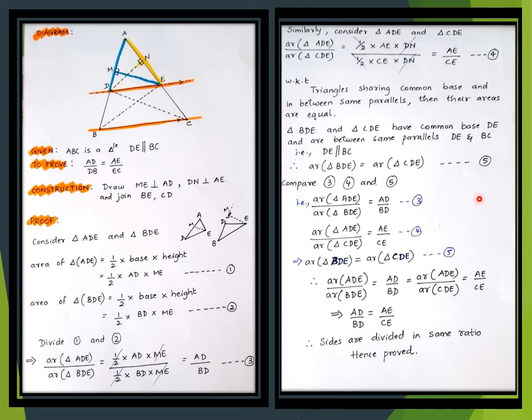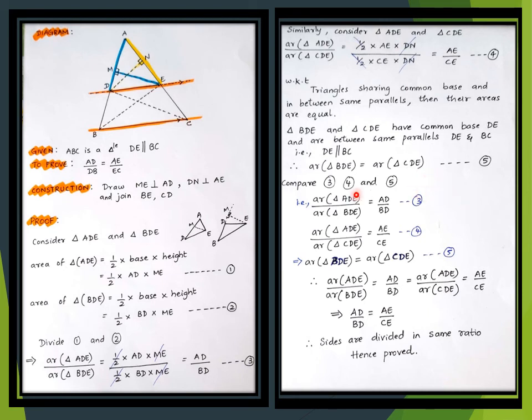Dear students, now compare equation 3, that is area of ADE divided by area of BDE is equal to AD by BD. Then equation 4, that is area of triangle ADE divided by area of triangle CDE is equal to AE by CE. Then this equation, area of triangle BDE is equal to area of triangle CDE.